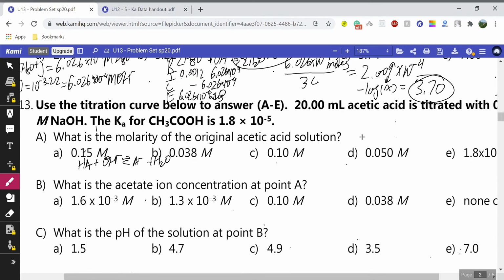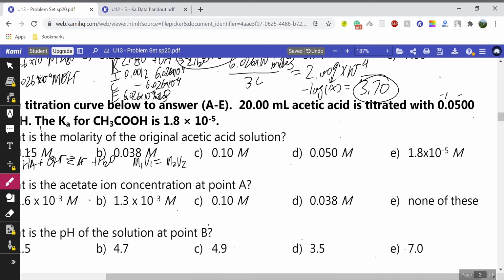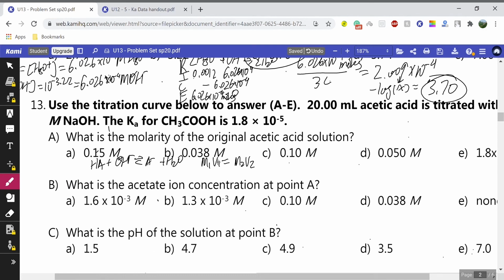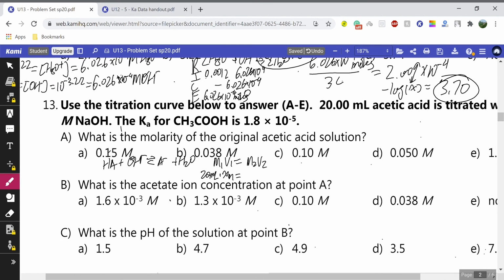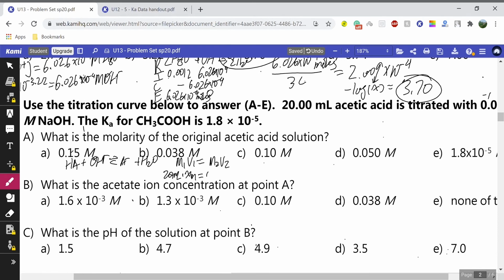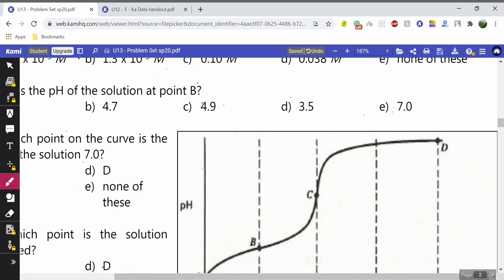If we use the equivalence point, we're going to be able to find what the original concentration is. So M1V1 is equal to M2V2. M1 of acetic acid times 20 milliliters is equal to the second one, which is 0.05 molar times, let's see, what is the equivalence point?